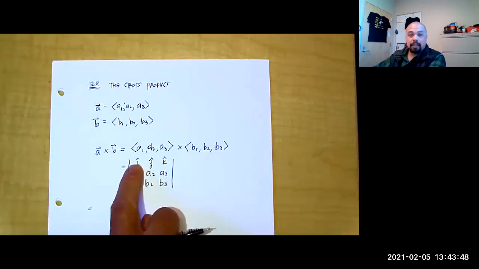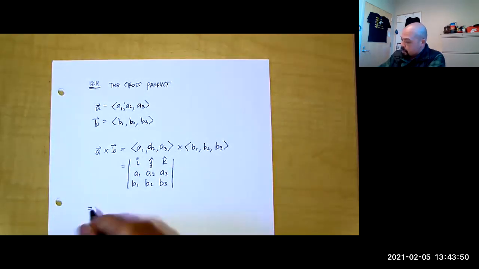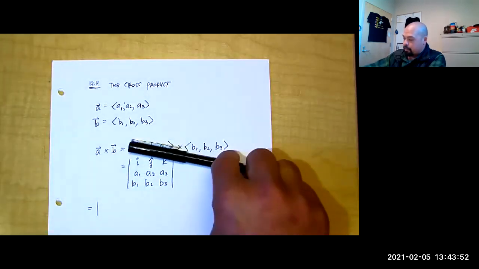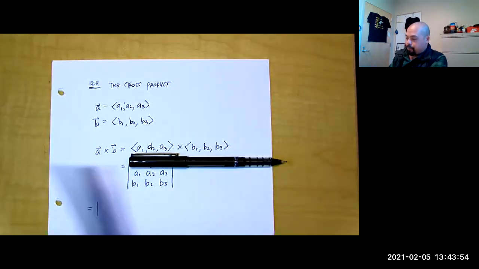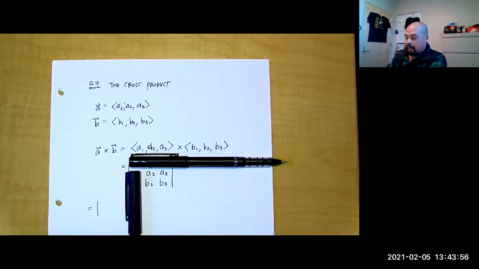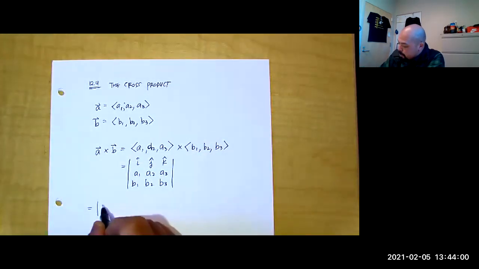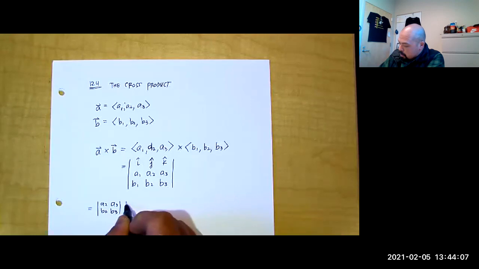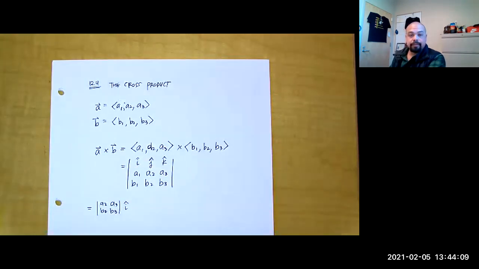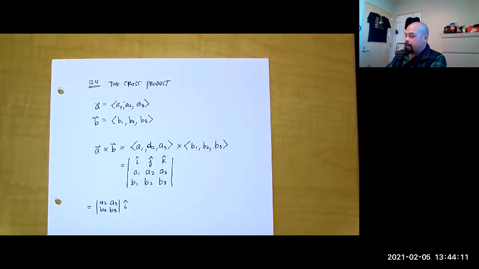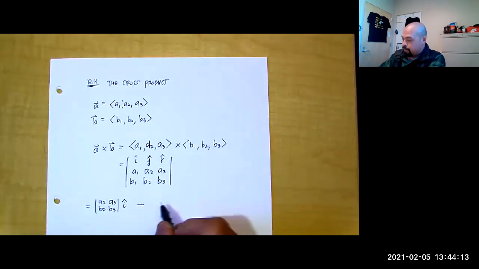And now we're going to compute that 3x3 determinant, right? So if I expand across my top row, it's going to be here, right? Crossing out that row, that column. We have this smaller 2x2 matrix, right? So doing so, A sub 2, B sub 2, A sub 3, B sub 3 times our first row component, I. Then it's always going to be a subtraction.